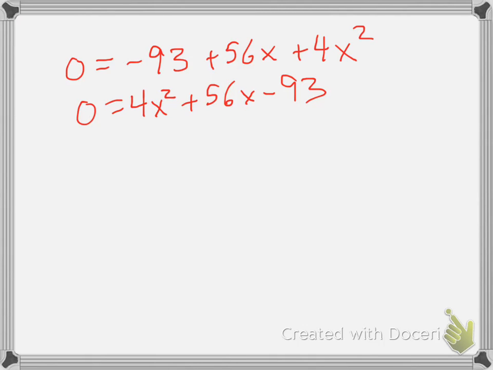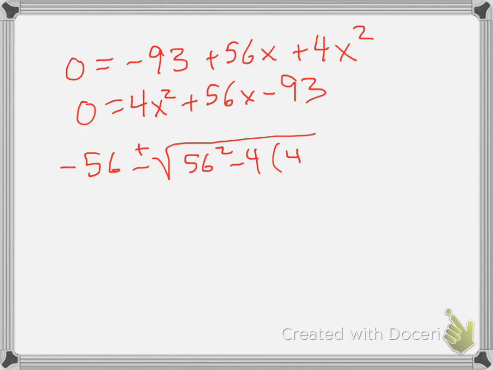If you use the quadratic equation, the 56 is b, so negative b plus or minus the square root of b squared minus 4 times a times c, over 2 times a.